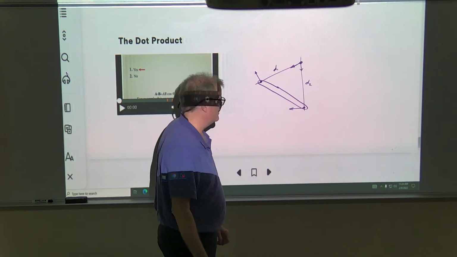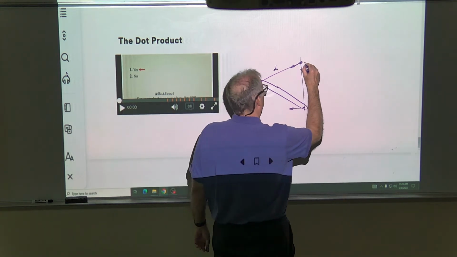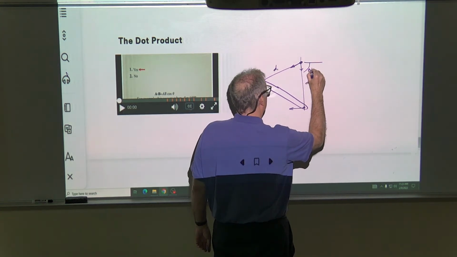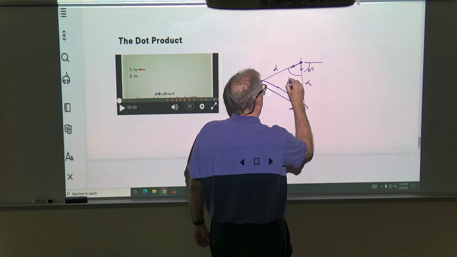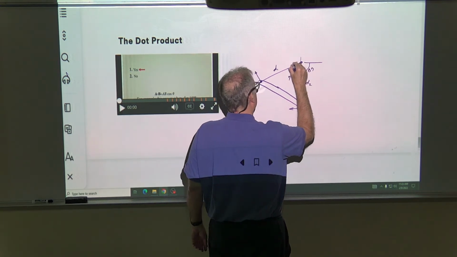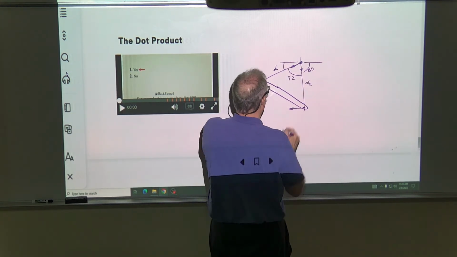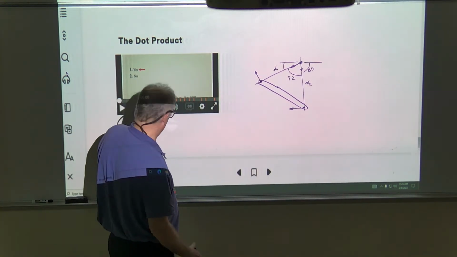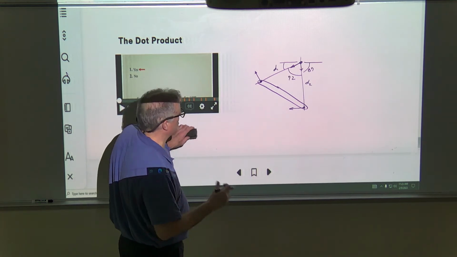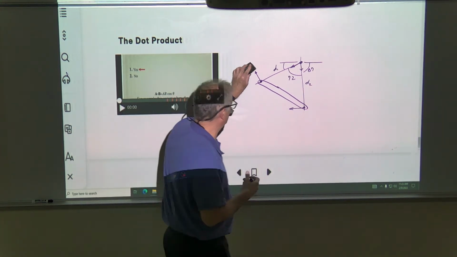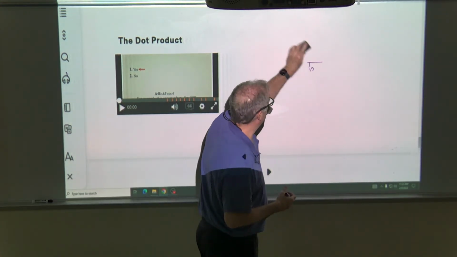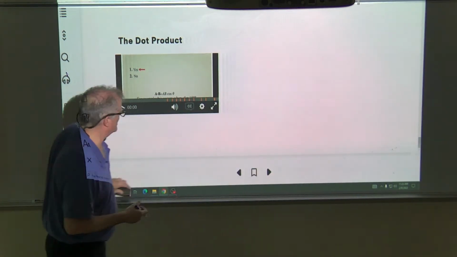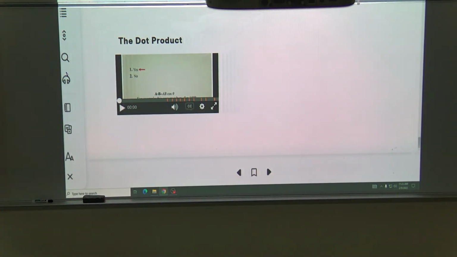Whereas your neighbor is trying to figure out, okay, is this 87 degrees and this is 72 degrees, and they're busy trying to figure out all this stuff, and you've already finished your dot product. And so there are cases like that, and there are many, many cases if you start trying to think a little bit like this, it makes things go a lot faster.